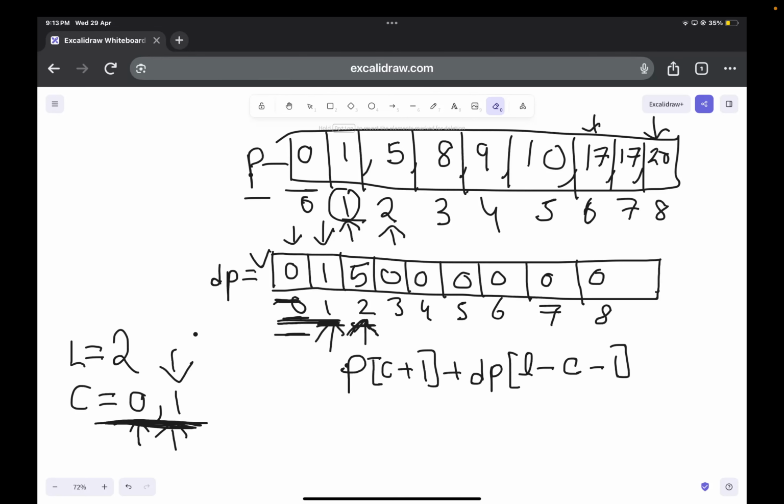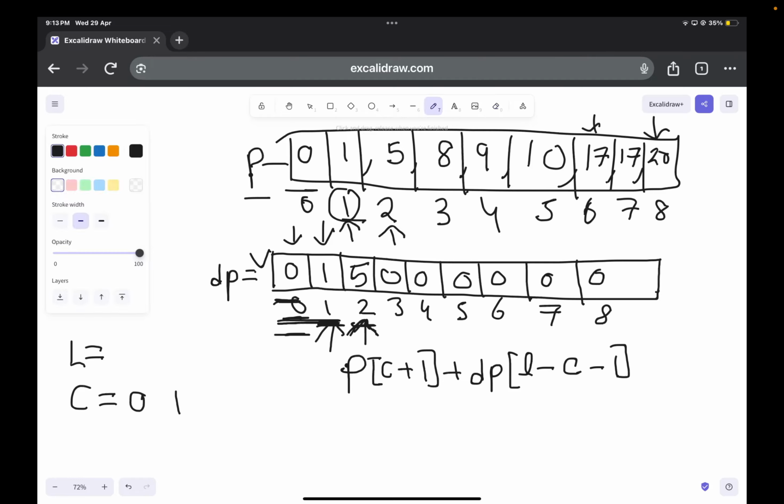Okay, now see, let's do further so that we can get the clear picture. So what is length now? 2 is done. What is length? 3. For length 3, what are the cuts you can do? 0, 1, 2. Okay, for 0, if you are cutting, what is the price?